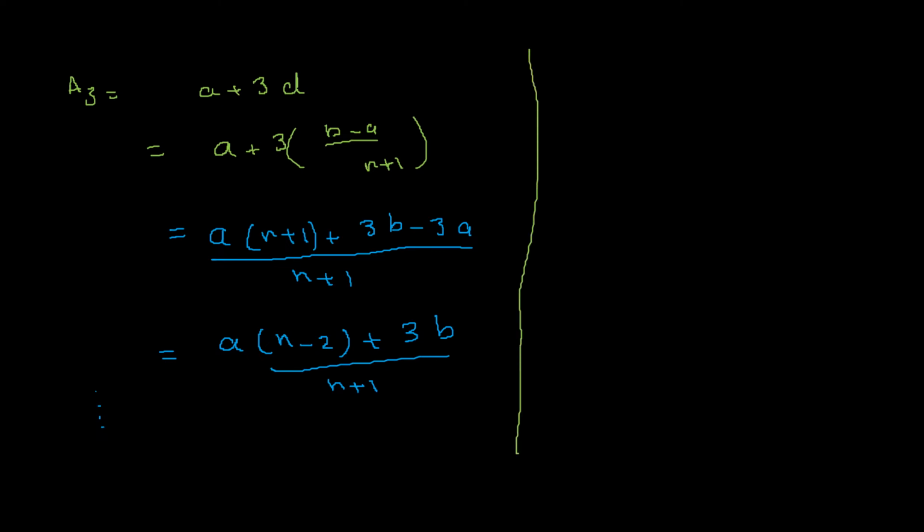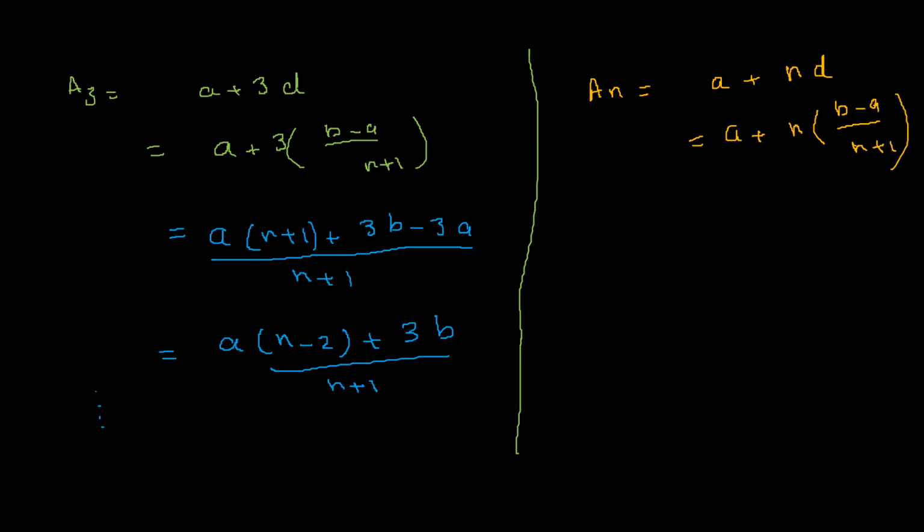So a_n will be equal to a plus, and this is the (n+1)th term, so that's why it will be nd, right? So here that is a plus nd, and d is what? d is given by (b minus a) over (n plus 1).